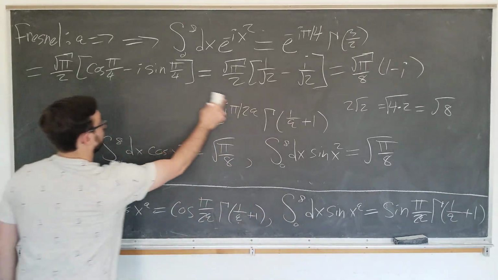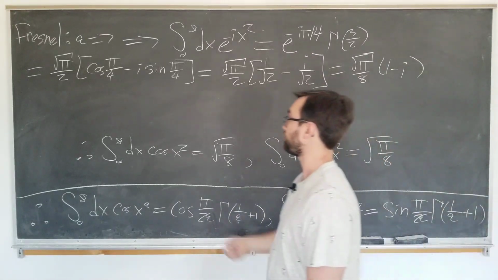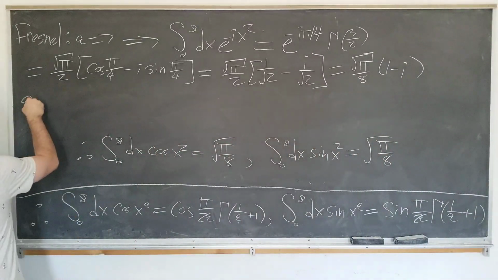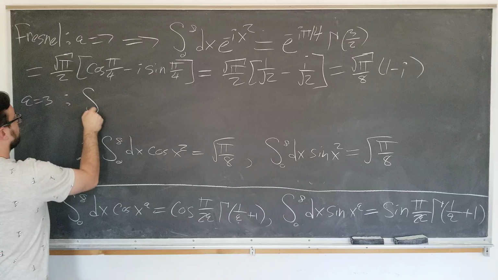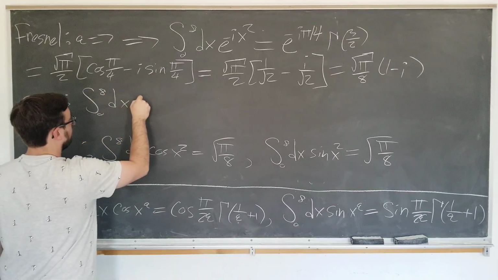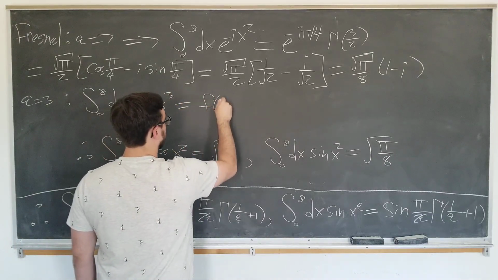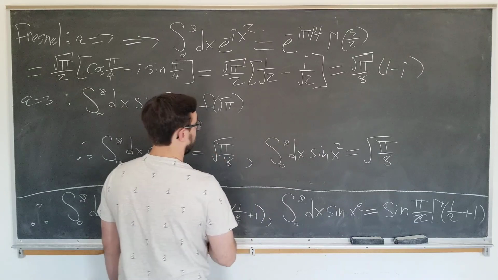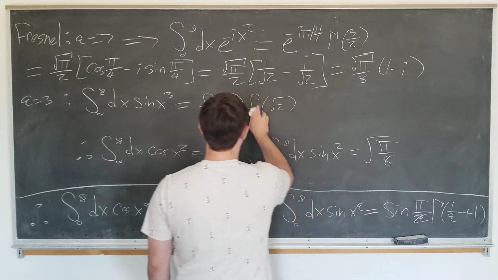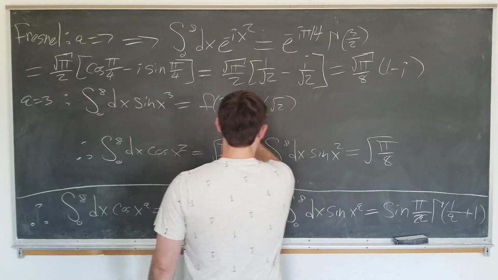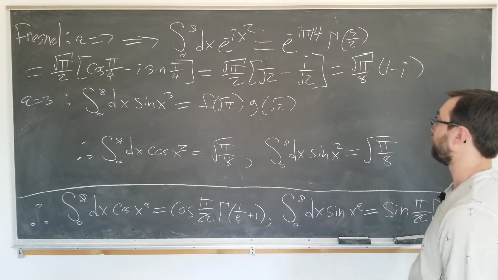And just for some final thoughts here, can we go further? Can we plug in a equals 3, for example, and get something like the integral from 0 to infinity of sine x cubed being some function of the square root of pi, and then some other function of like the square root of 2, like what we had here with the evaluation of the gamma function?